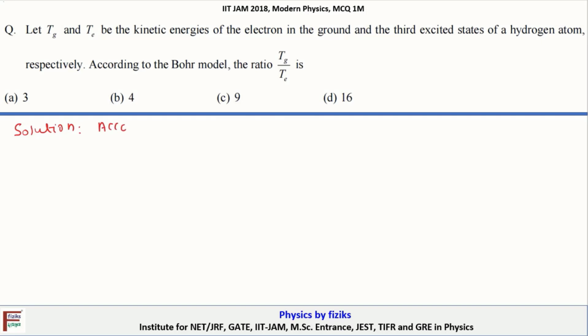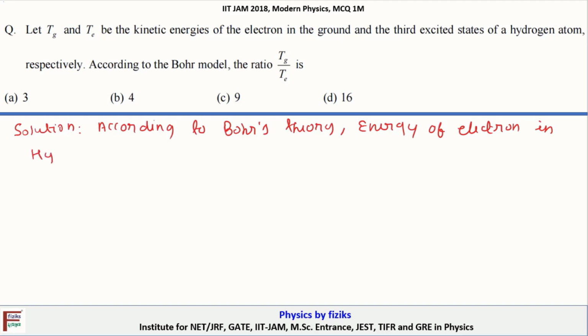According to Bohr's theory, the energy of electron in hydrogen atom is given by En is equal to minus R infinity Hc by n square.